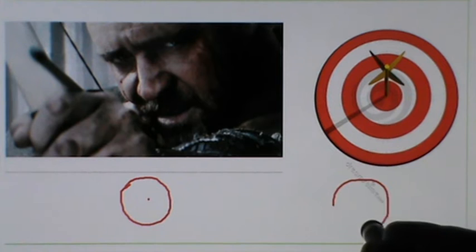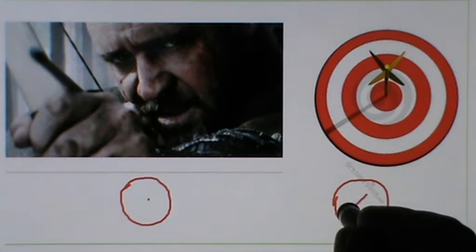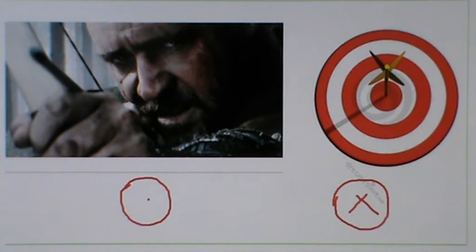So we can draw the vector pointing toward us like this. But if we have a vector moving away from us, we can draw a circle with a small x inside the circle. Like this.